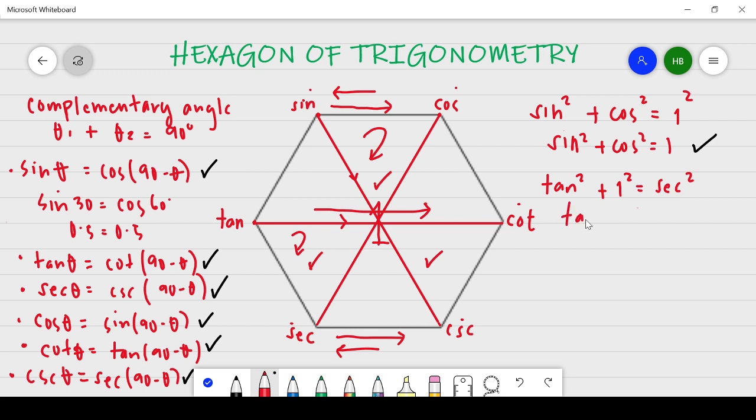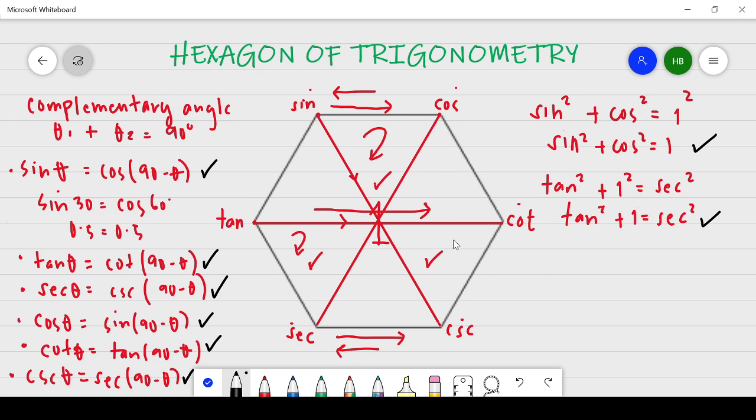So that will be tangent square plus 1 is equal to secant square. So ibig sabihin, mayroon tayong uli na prove na or na-create na formula out of this hexagon. And this tangent squared plus 1 is equal to secant squared. We are all familiar in this.